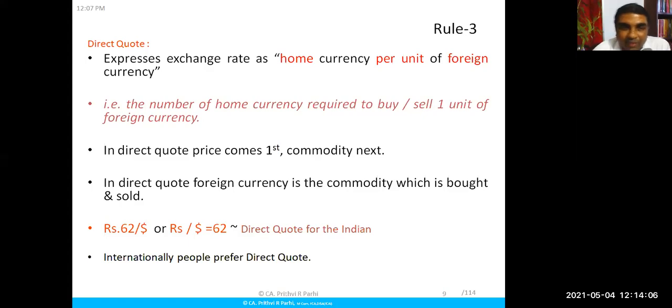Yes, sir. So in a direct quote, it's the foreign currency. Foreign currency is the commodity which is bought and sold. So what is foreign currency? Dollar. This is bought and sold for Indian rupees. And this is a direct quote. But when I say it is a direct quote, I'm saying it's a direct quote for me. Direct quote for Indian. But the same quote for an American, it is not a direct quote.